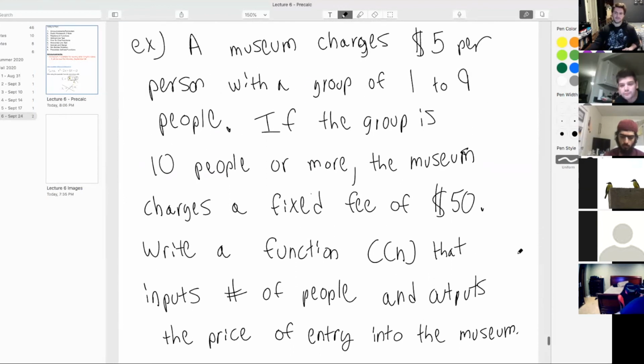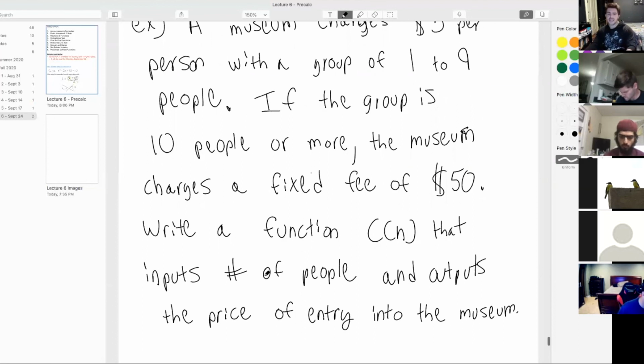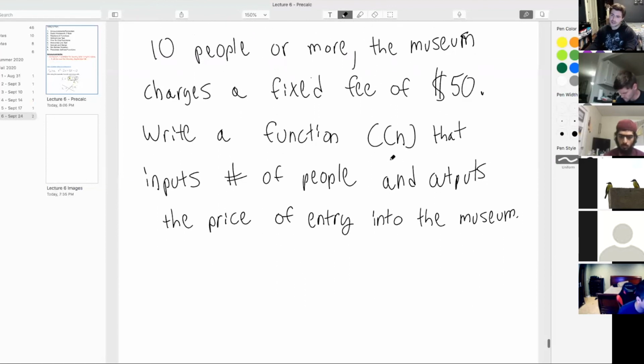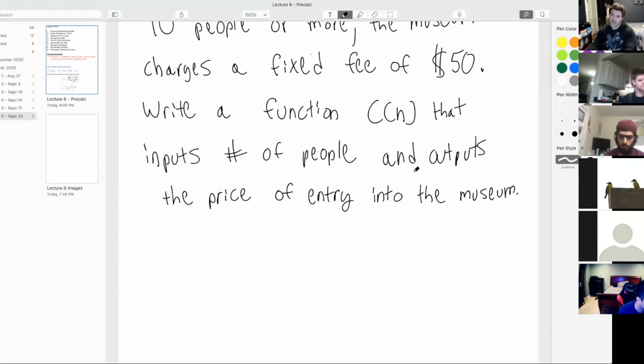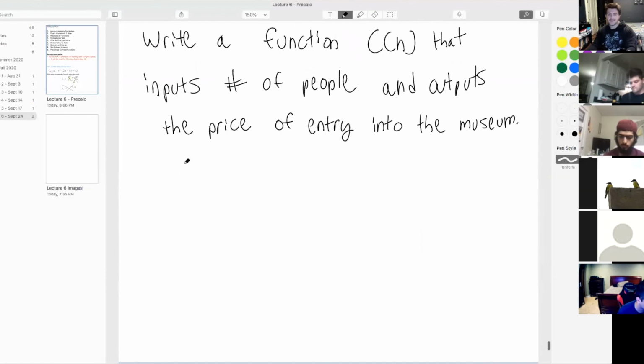So we want to construct a function that will take in the number of people in your party and will output the price for you to enter. All right, this is not that bad.